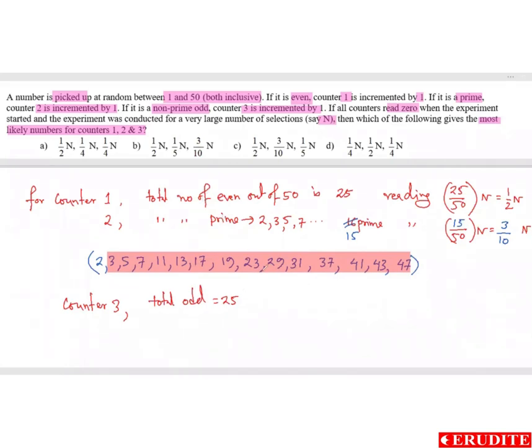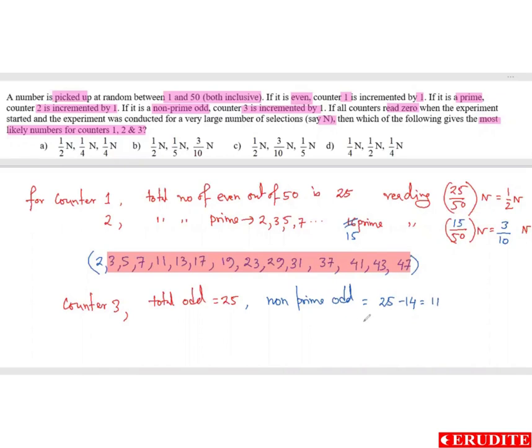So returning back, total odd and non-prime odd, non-prime odd would be 25 minus 14. So it is coming as 11.